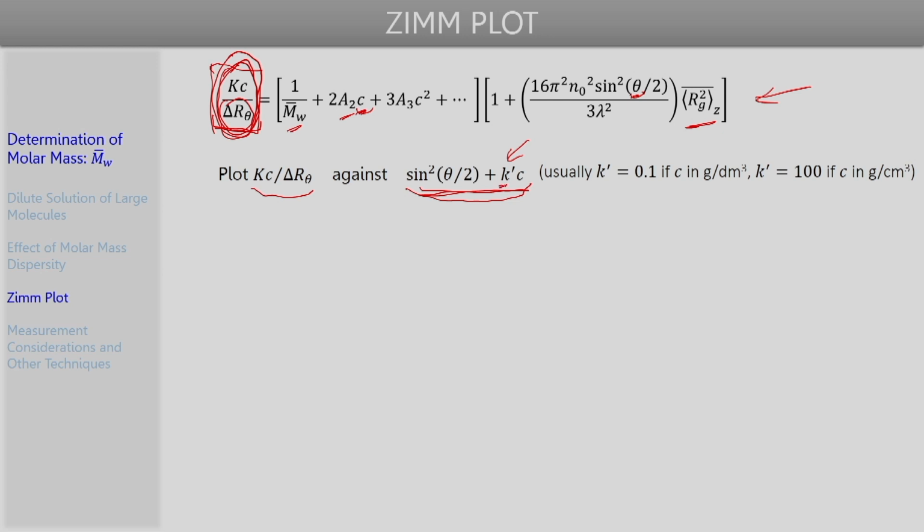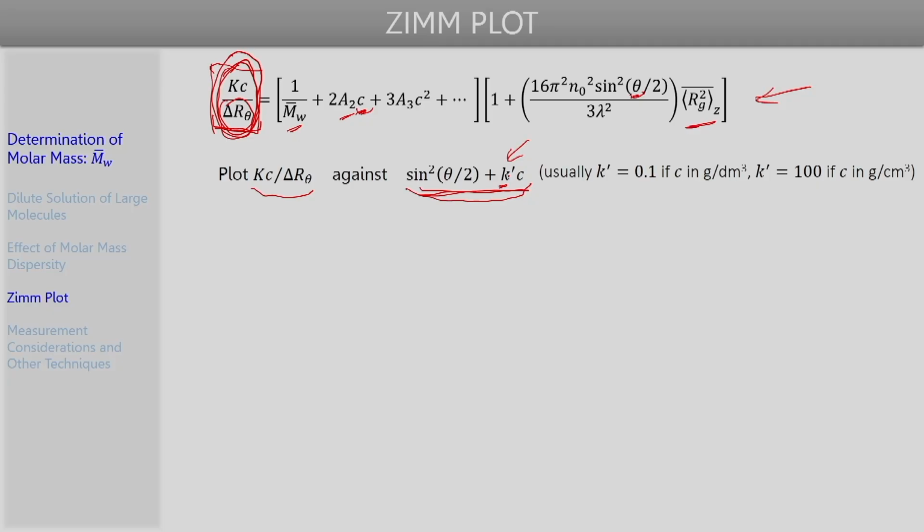As a rule of thumb, if we consider concentration in gram per centimeter cube, then k prime should be 100. So, the k prime value will depend on the unit of concentration we are using. If we consider gram per decimeter cube, 1 decimeter cube is nothing but 1 liter, so this is equivalent to gram per liter.